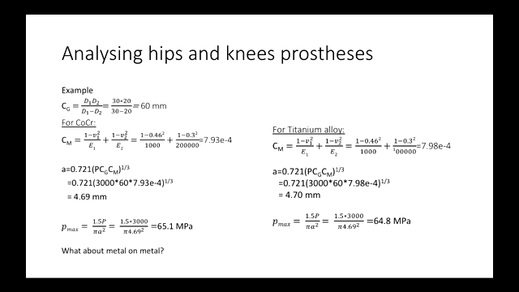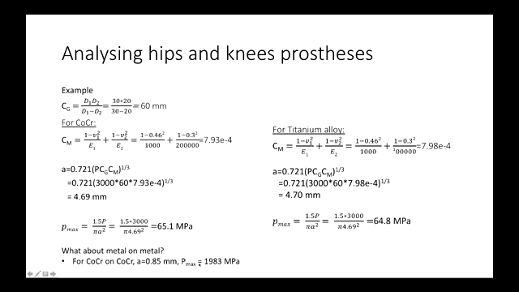But what about if we change the polyethylene to metal on metal? So if we repeat these calculations for titanium and chromium cobalt, but for the socket, instead of polyethylene, we use the same material. What we find is for chromium cobalt contacting chromium cobalt, the area is much lower and the maximum pressure is massive.